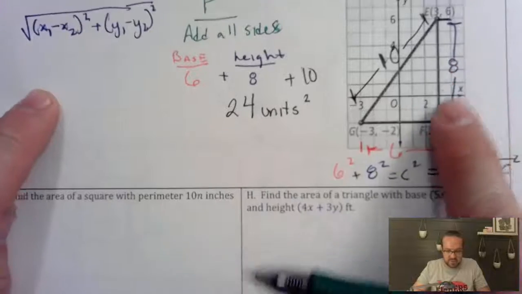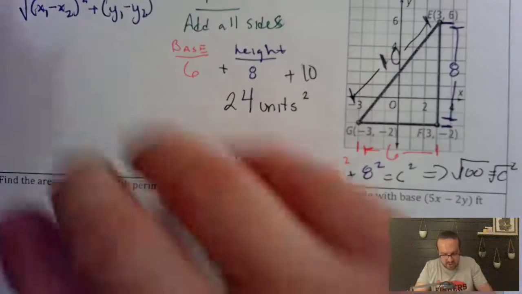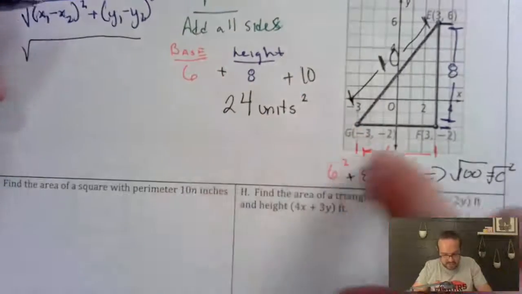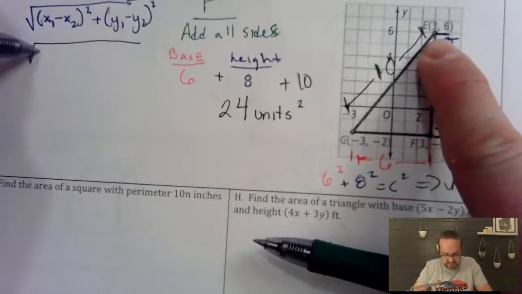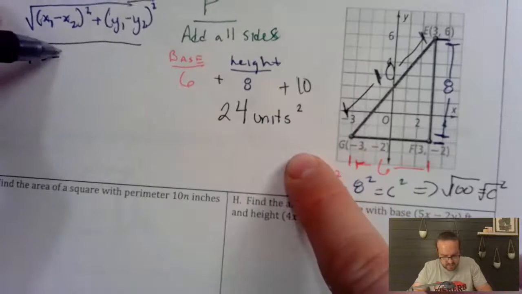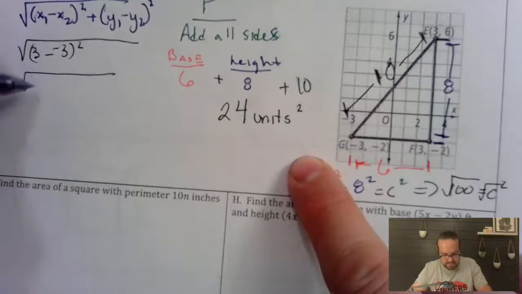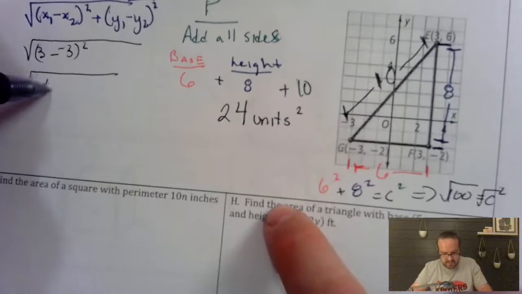But if you feel comfortable plugging those in, right? Remember, we could have just used x1 as this for the 3, and this is for the hypotenuse here. 3 minus -3 squared. That would just be 6 squared, which is what we had right here.